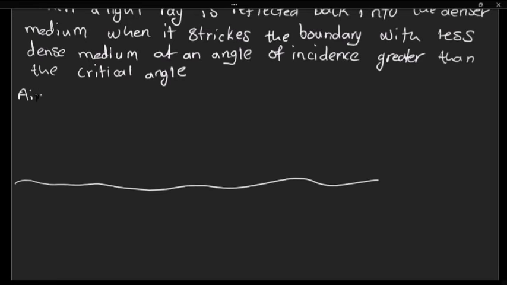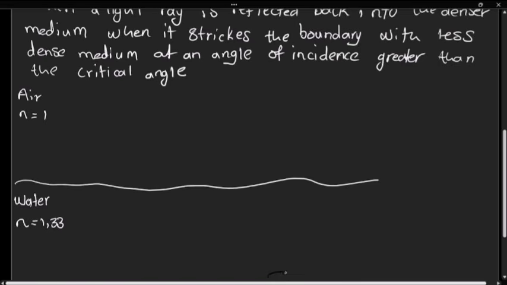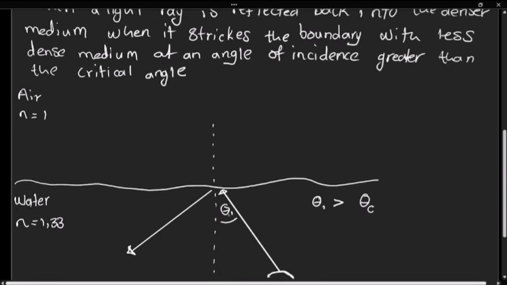For example, having that same scenario with air having a refractive index equal to 1 and water having a refractive index equal to 1.33, and a light source at the bottom of the water which emits a light ray at a certain angle measured from the normal, it is said that if that angle of incidence is greater than the critical angle, the light ray will bounce back into the denser medium, or it will just reflect back into the denser medium.